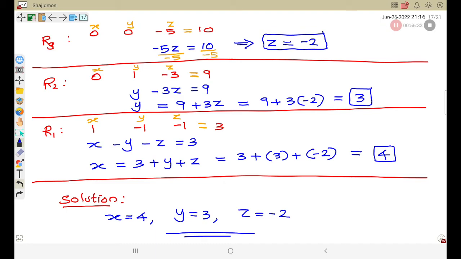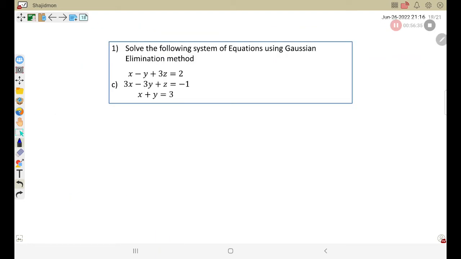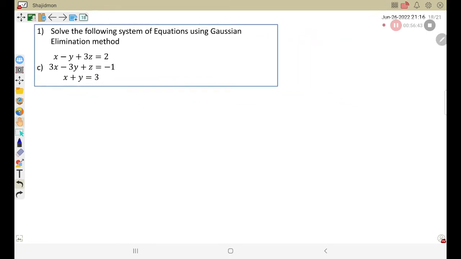Hope you understood. Okay, one more question, a 3 by 3 system. Solve the following system of equations by the Gaussian elimination method. As usual, start with the augmented matrix AB. You can practice more for your understanding and check this answer separately.